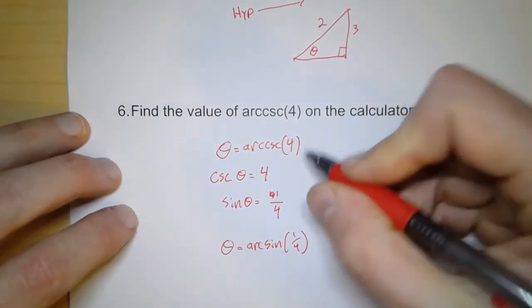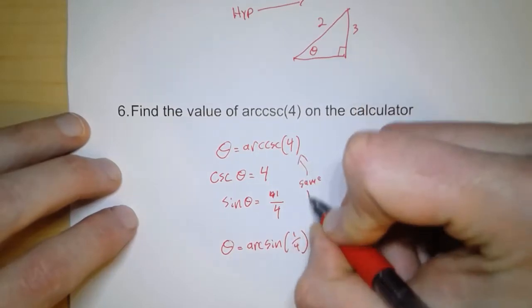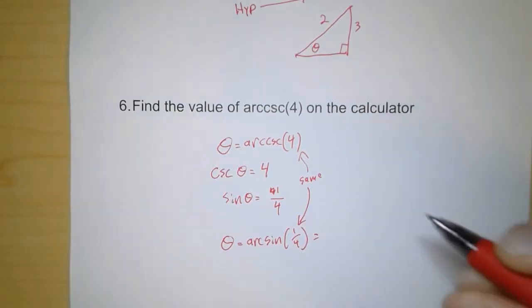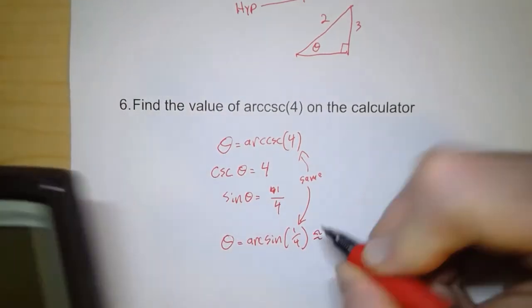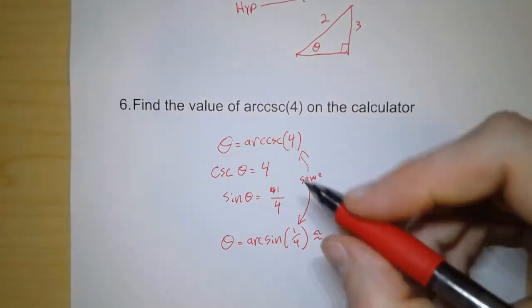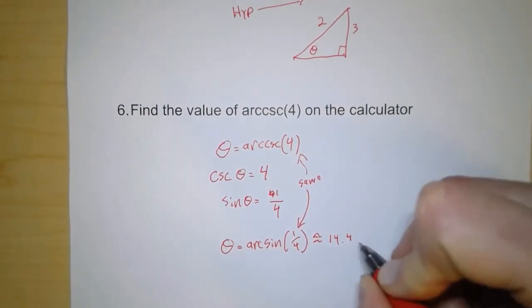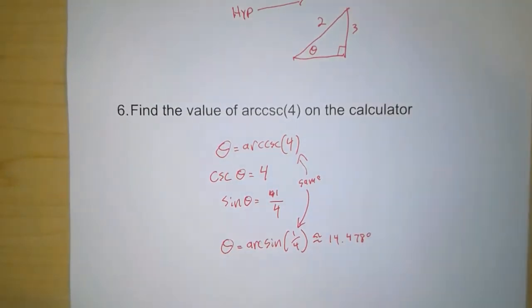And that's the same thing as arc cosecant of 4. So that's going to give me an approximate value, arc sine of 1/4, and so that's 14.478 degrees.